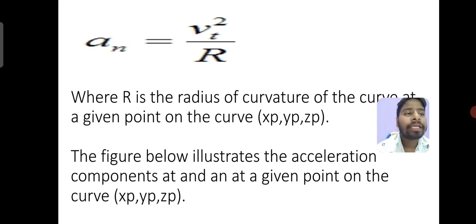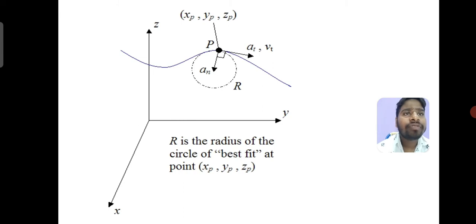Here r is the radius of the circle of best fit at point xp, yp, zp. Here 3 axes x, y, z are taken, and p is on the circle, and r is the radius of the circle of best fit at that point.